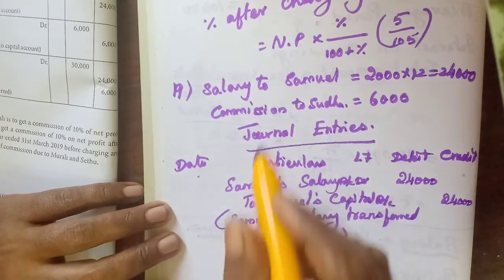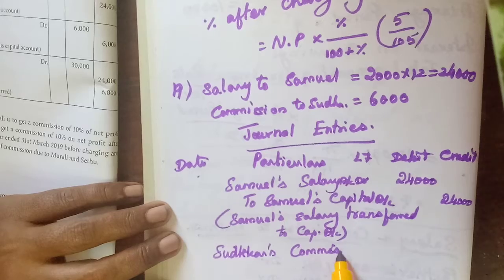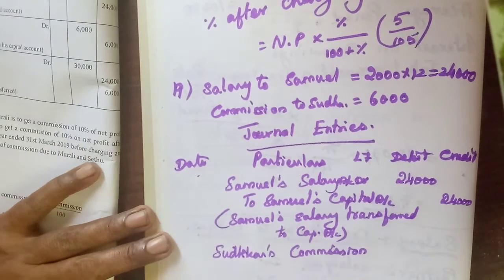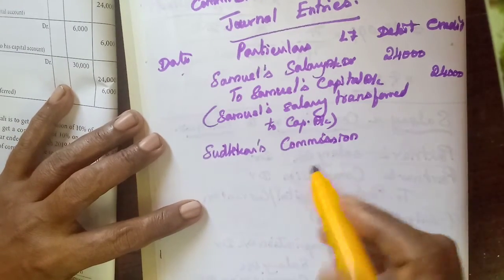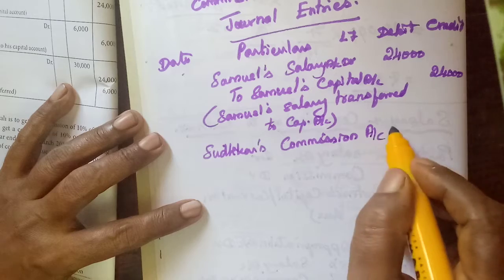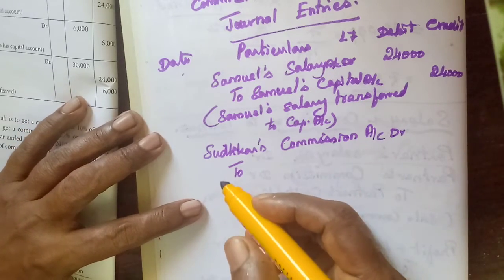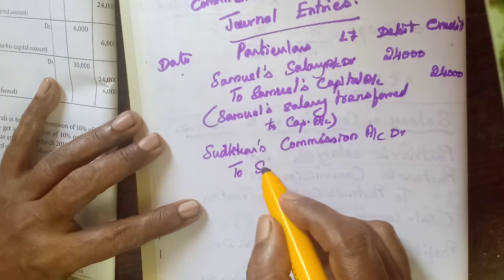Next, Sudhakar's commission. Sudhakar's commission account debtor to Sudhakar's capital account.